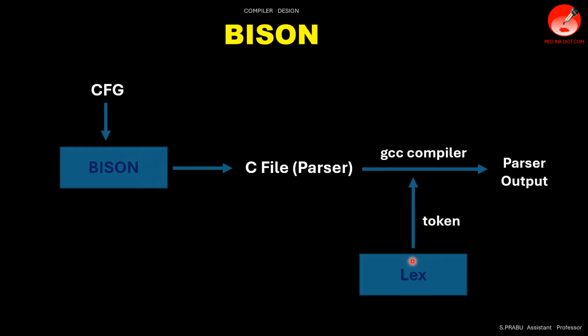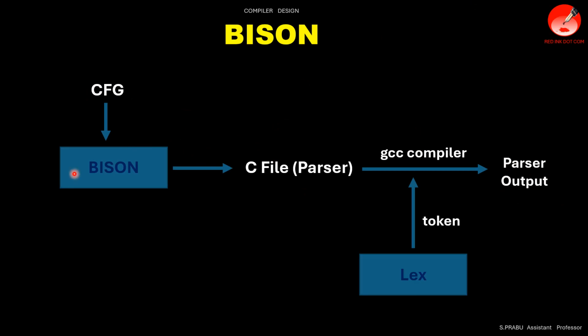The Lex tool is responsible for tokenizing input text. It breaks down the input into tokens and sends them to the parser for processing. The GCC compiler compiles the C parser file generated by BISON. The compiled parser processes the tokens from the lex. The output can be produced based on the grammar rule.